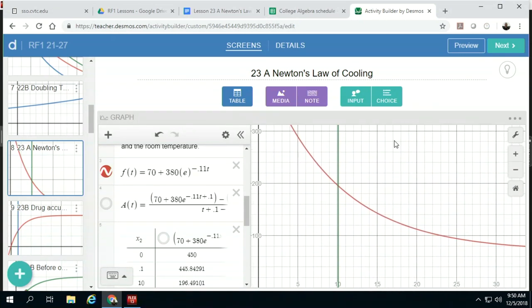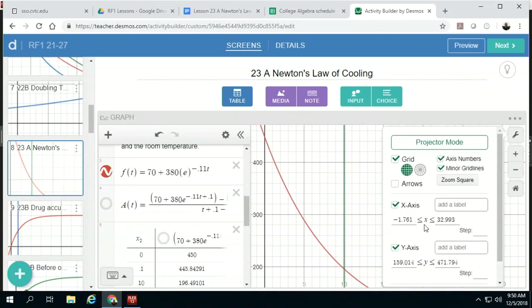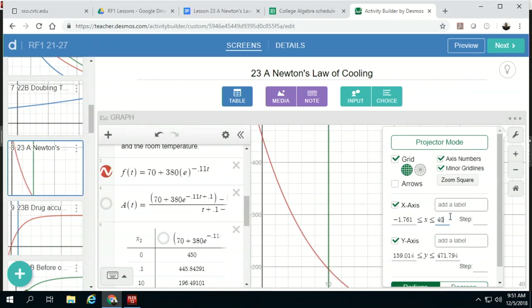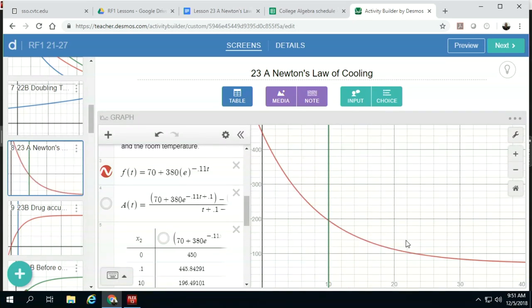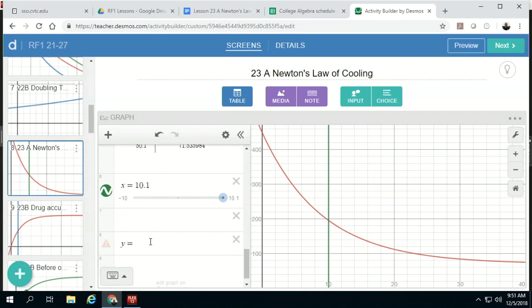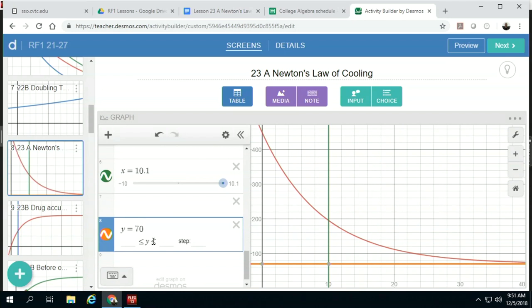And then I'm going to go, say, out 40 minutes, and I'm going to go down to 0 for my horizontal axis, just so that you can see. And then I'm going to put in here y equals 70, just so that we can see that's our horizontal asymptote. So if you wait 20 minutes, there's only 50 degrees difference between your pizza and room temperature.